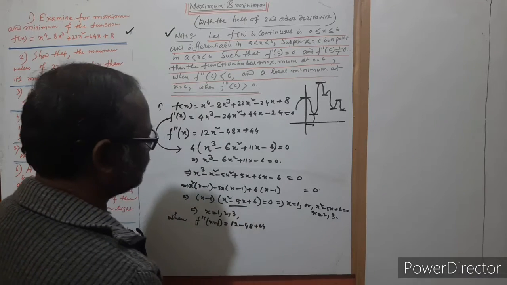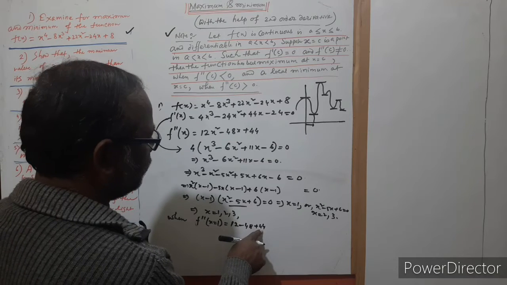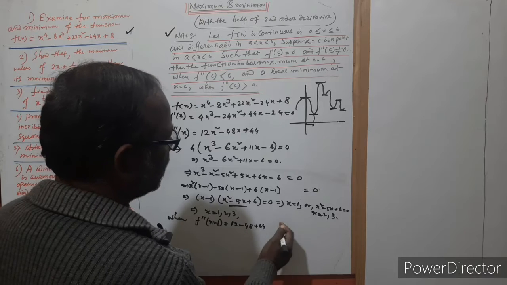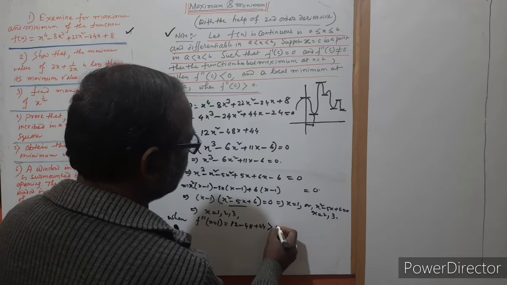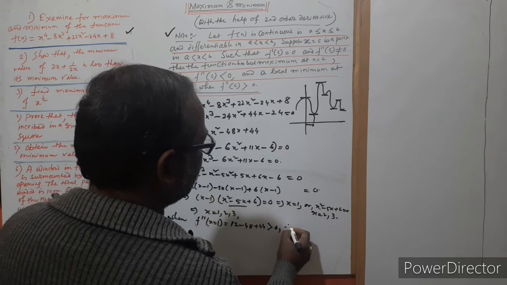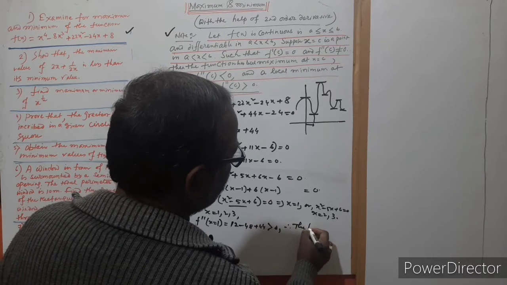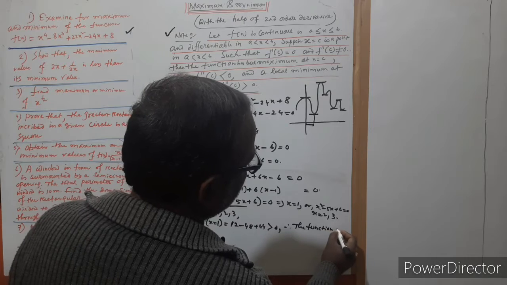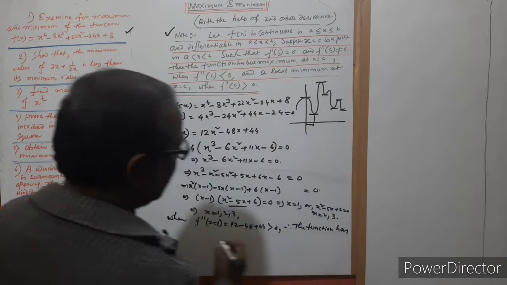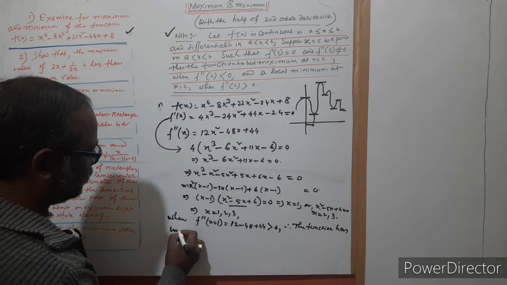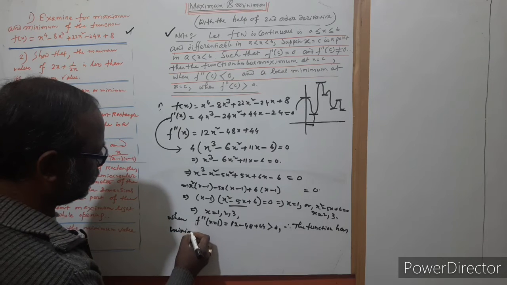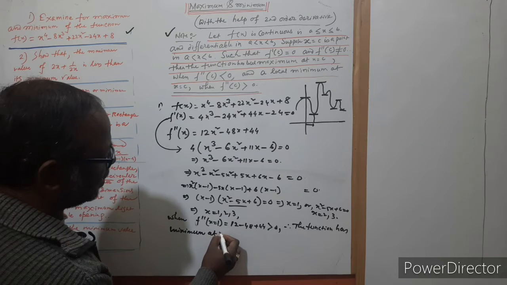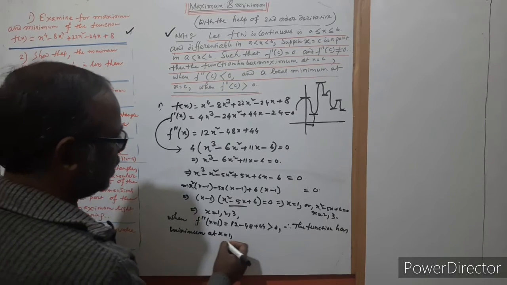So if we do the subtraction, it is more than 0. Therefore, the function has a minimum at x equal to 1.